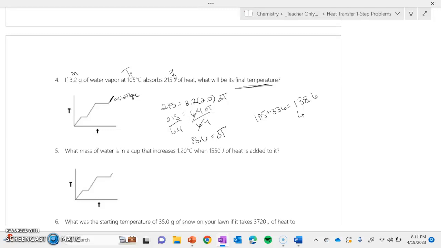I'm going to round that to 140 for significant figures. Okay. Another way you could do this is if you just immediately put in Tf minus Ti for delta T, and then you'll end up doing the same process. You'll add that initial temperature over. Both give you the same answer, it's just a different way of writing the work out.